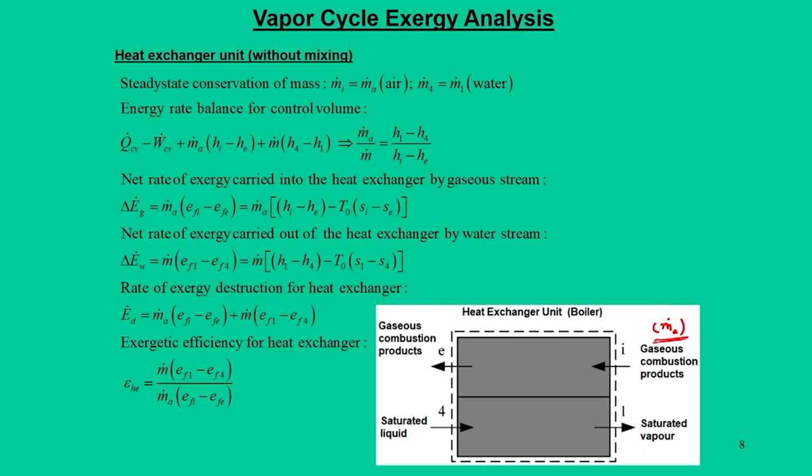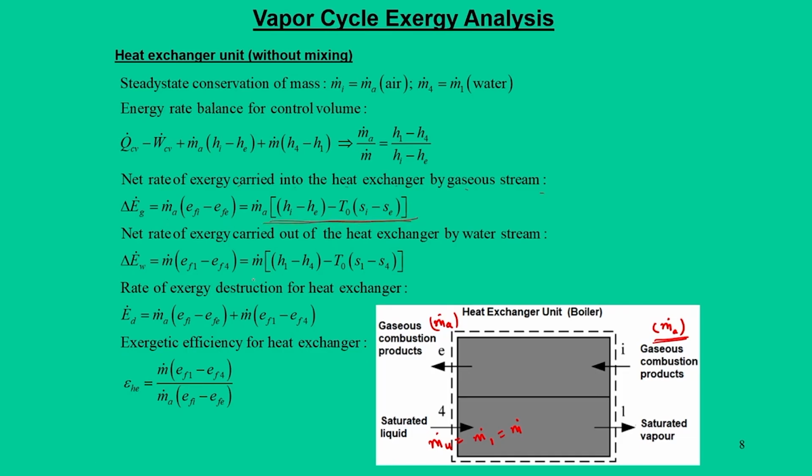If we model this as air and say its mass flow rate is m dot a, and remember this mass flow rate is also conserved, and side by side if you say steam is being modeled, so m dot 4, that is steam that is entering, and steam that is leaving, they are the same, and we say that is m dot. Now, considering this, we calculate the net rate of exergy carried into the heat exchanger by the gaseous streams, that is m dot a (E f i minus E f e), and this is the working formula for the specific exergy.